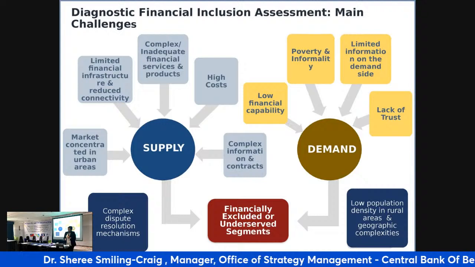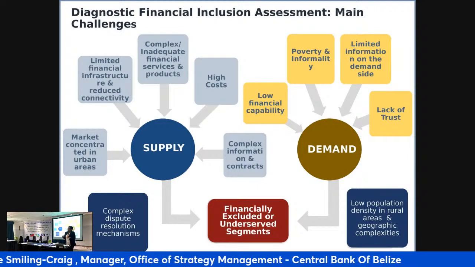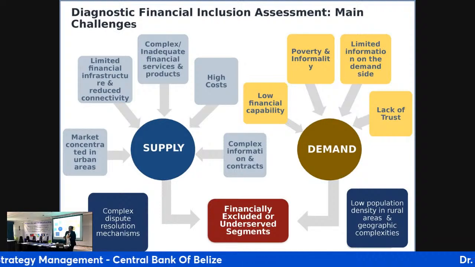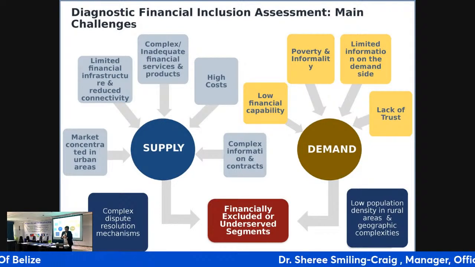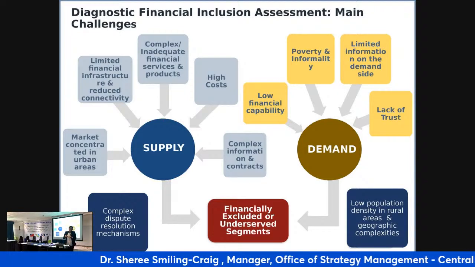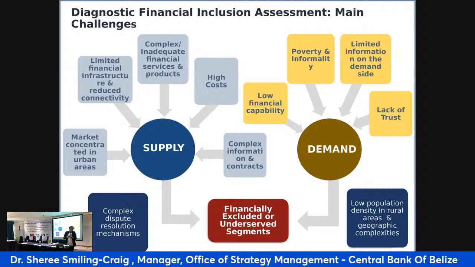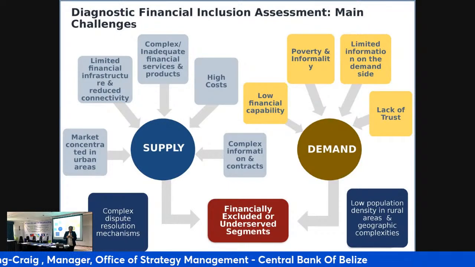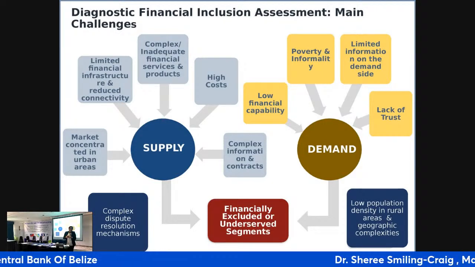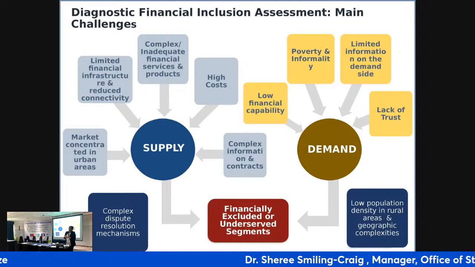Now, looking at the demand side, there's low financial capability, going back to the education issue. People don't know how to use financial products and services. There's poverty and informality in the system. I can tell you right now that among the regions of the world, Latin America and the Caribbean has the highest rate of using the informal financial system of any region in the world.